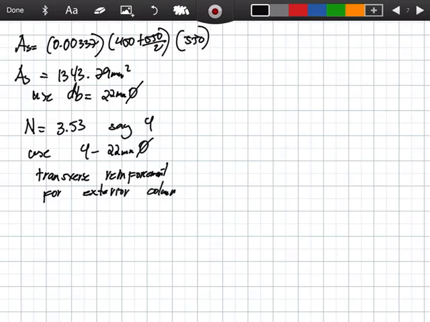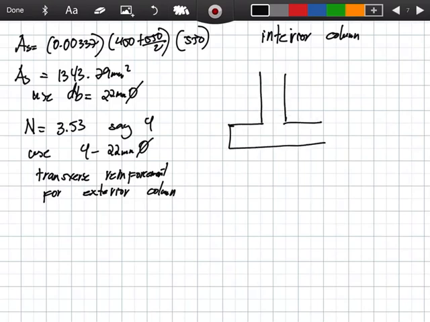Then, next, we're going to solve for the interior column. Okay, so sa interior, ihiwalay din ulit natin siya. Gagawin nating 500. 1880 ito, di ba?